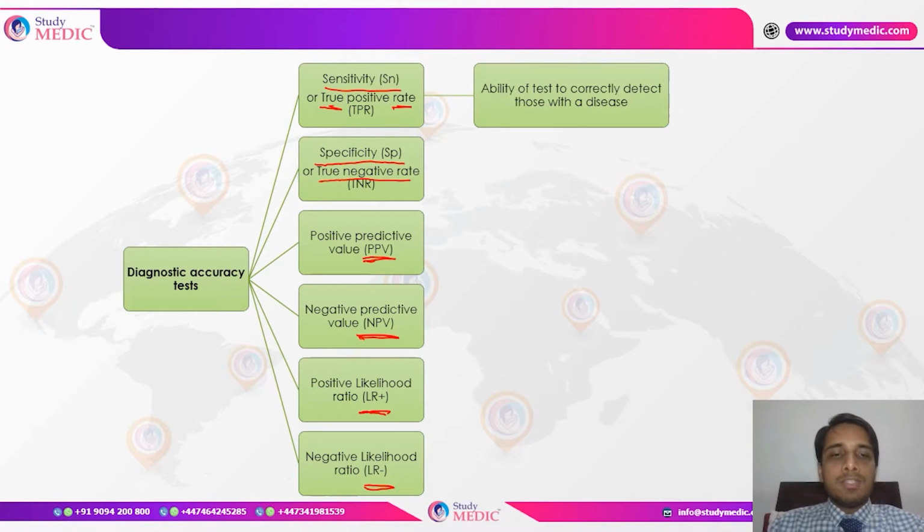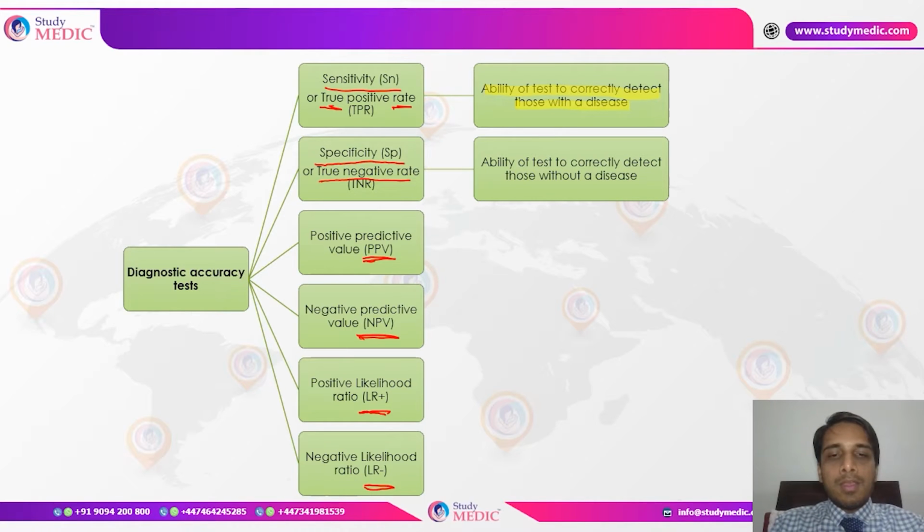Now, what is sensitivity? Sensitivity is the ability of a test to correctly detect those with a disease. Specificity is the ability of a test to correctly detect those without a disease.